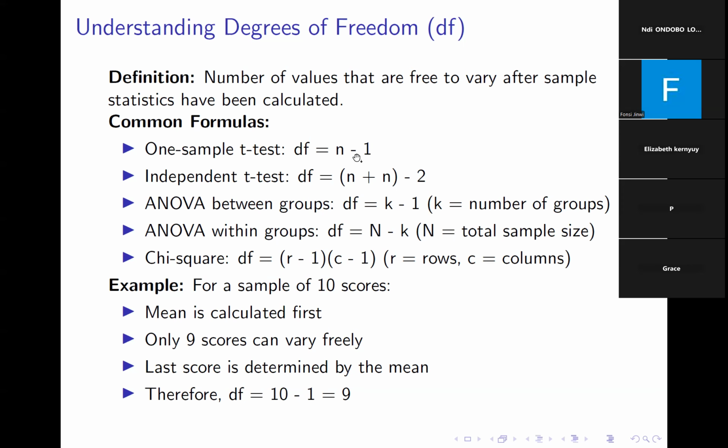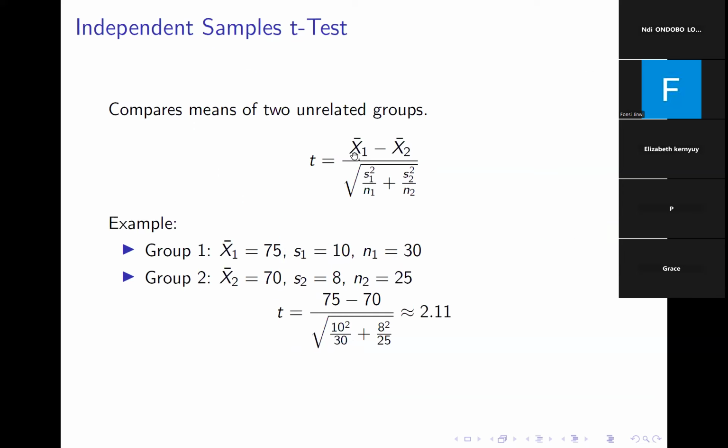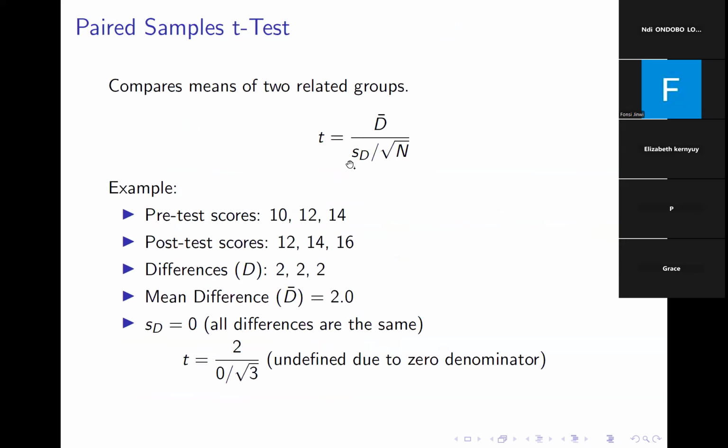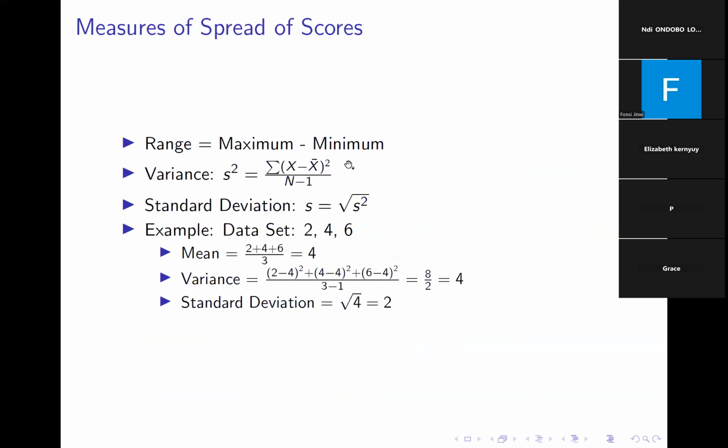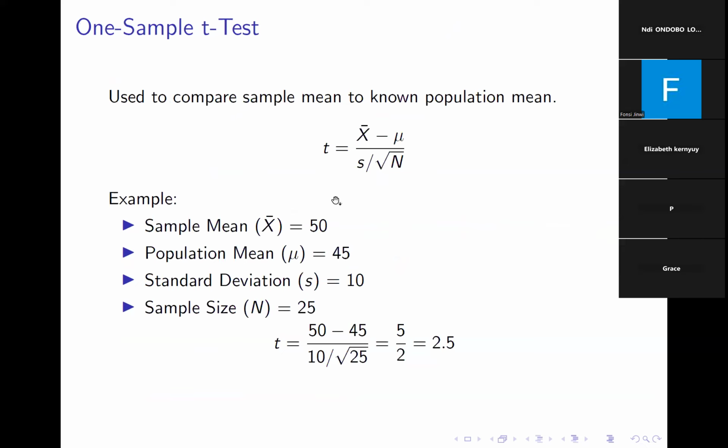The degrees of freedom there is n minus 1. First of all, here is your sample size, n, right? Because we are calculating the difference between the mean of the sample and the population.